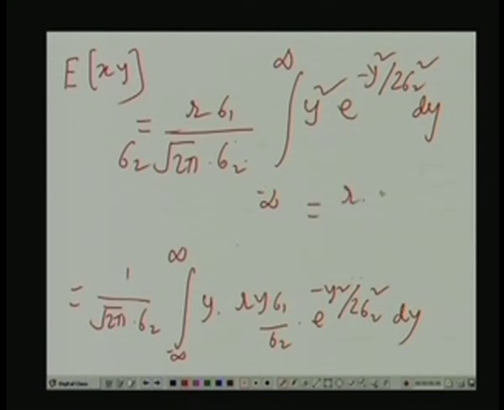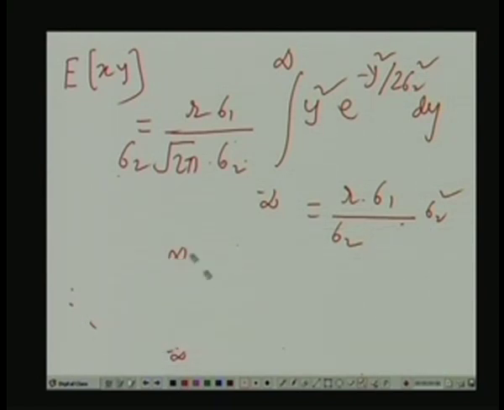So R sigma 1 as it is and sigma 2 square comes up. So, we get R times sigma 1 sigma 2.